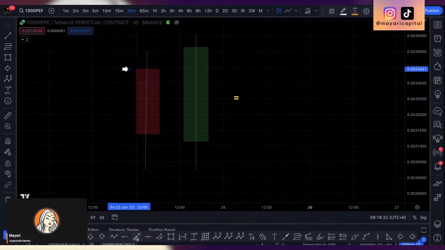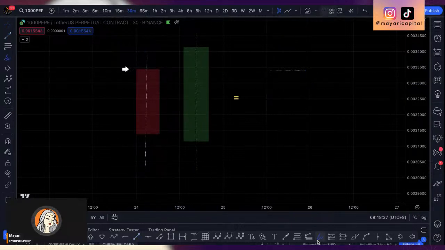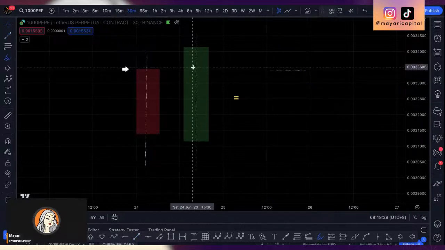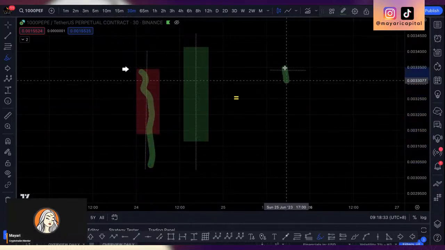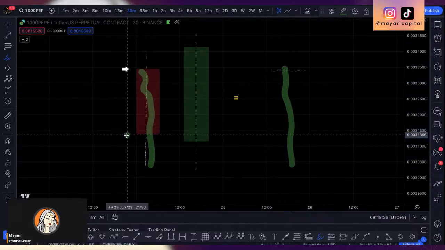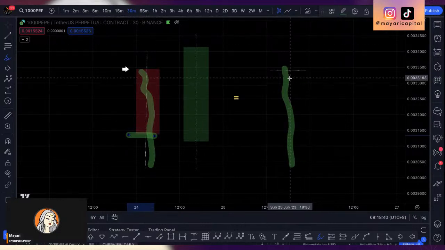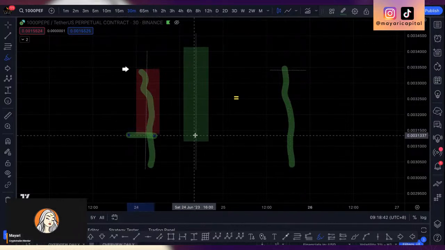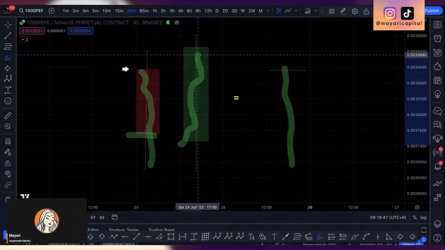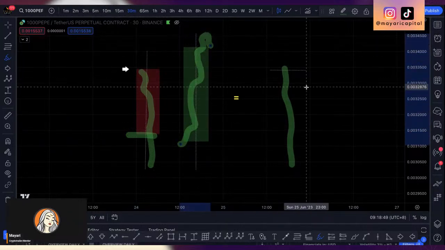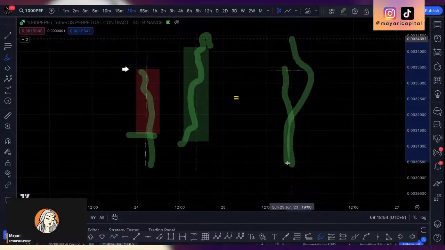So let's draw that, right? 8 a.m. Now we go down, if these two are 30 minutes each. So go down all the way till here. On the 30 minute, now it closed around here, but this is 1 hour, still not closed. So 1 hour, now next candle on the 30 minute, and then right around here, this is where we close. So from this bottom, we went up and then down.